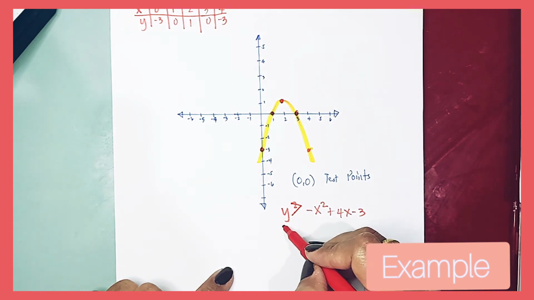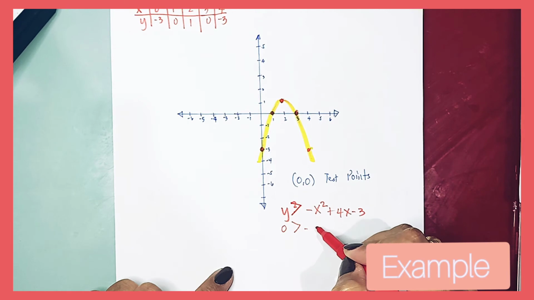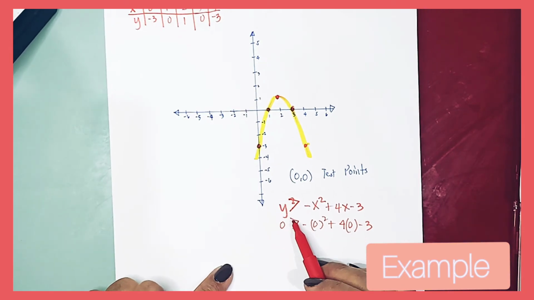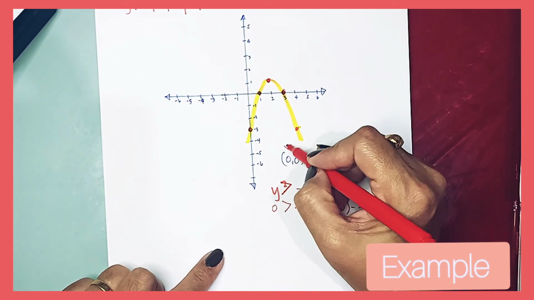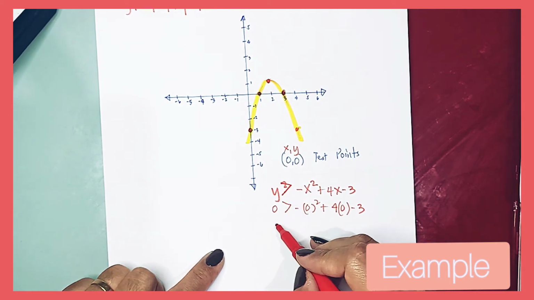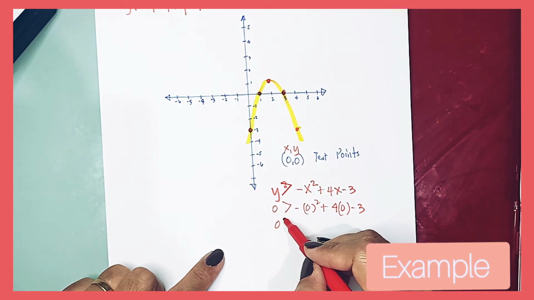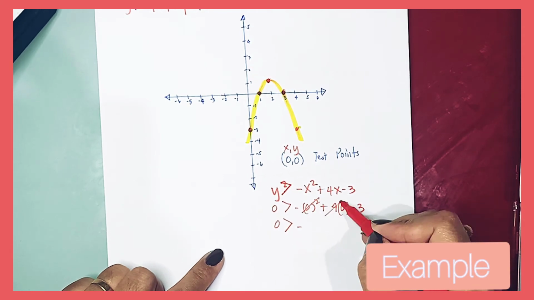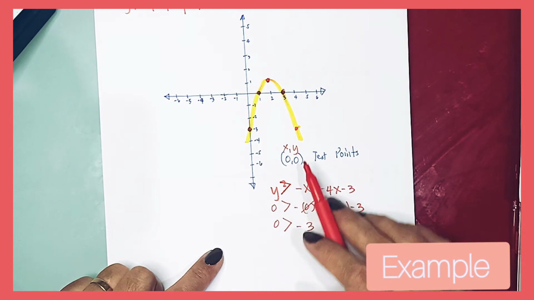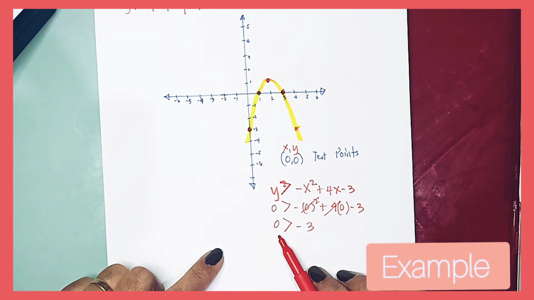So this is negative 0 squared plus 4 times 0 minus 3. We simply substituted the values of our x and y, 0, 0, into the given inequality. So 0 is greater than 0 and 0, negative 3.